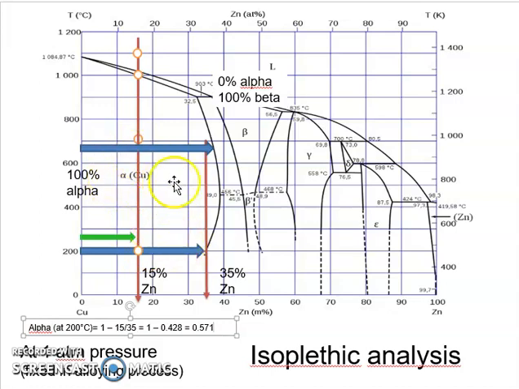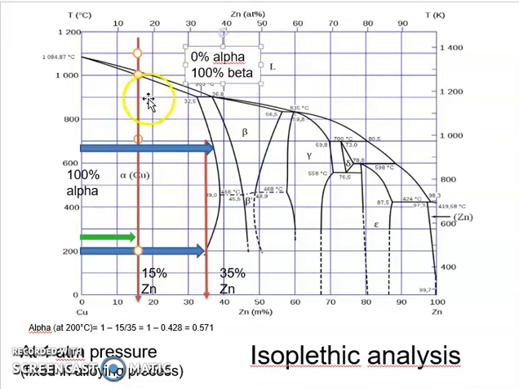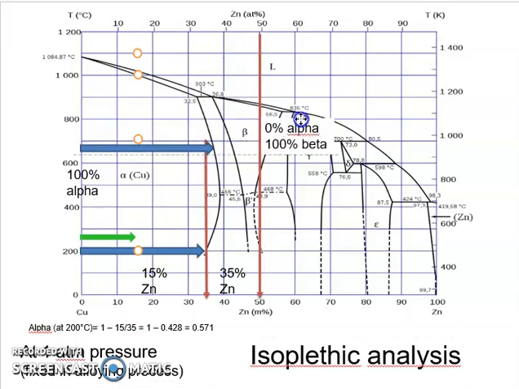Well, what if we do the exercise inside another region and you develop another isoplethic analysis? What if the concentration of zinc increases until 50% here, and you do exactly the isoplethic behavior?